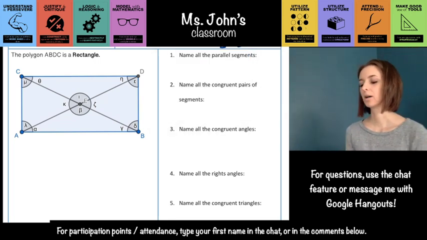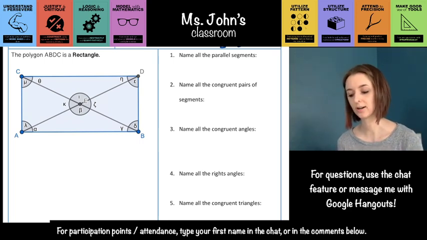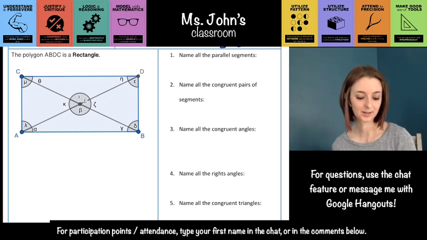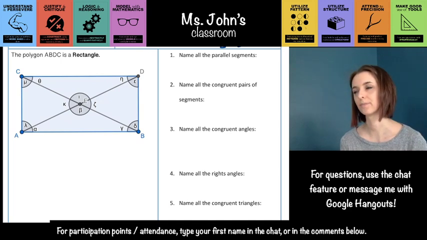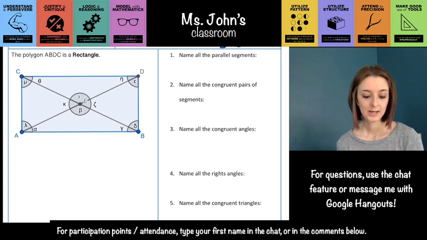Okay, last, we have this beautiful picture of a rectangle. Please do not get freaked out by the weird letters that are occurring in this rectangle. I just used Greek alphabet letters to label the angles so that you could tell the difference between angles and side lengths. You do not have to know how to say any of those things.